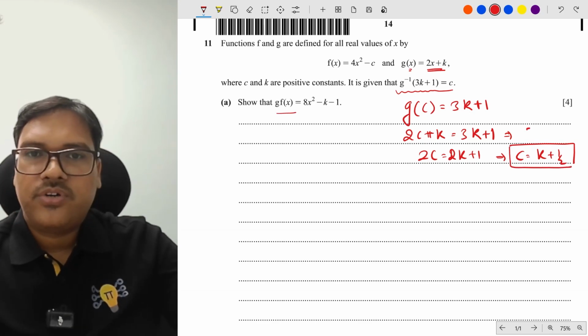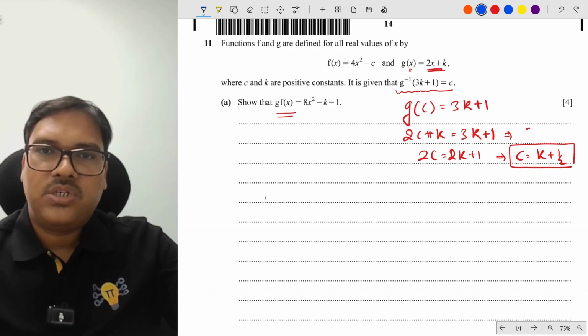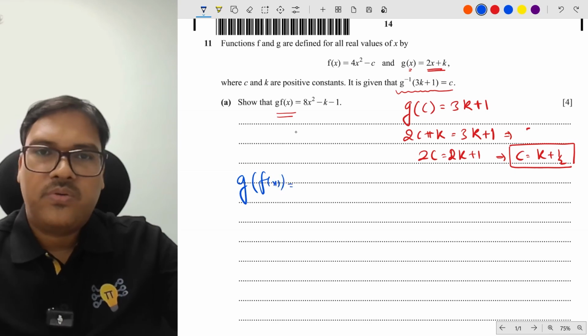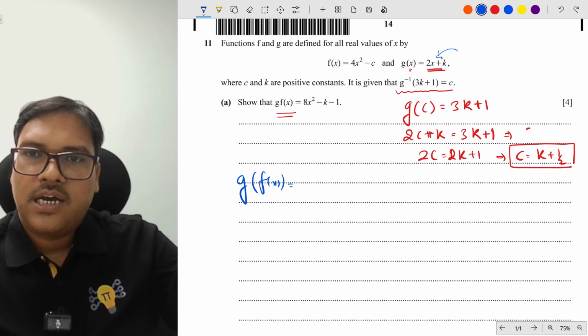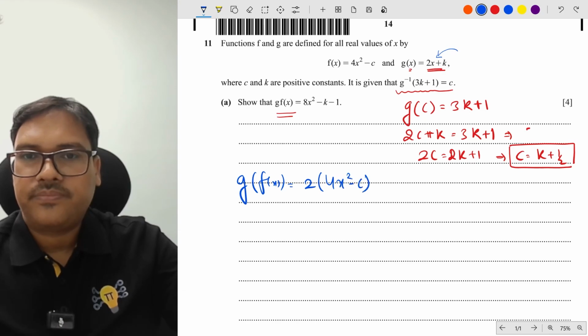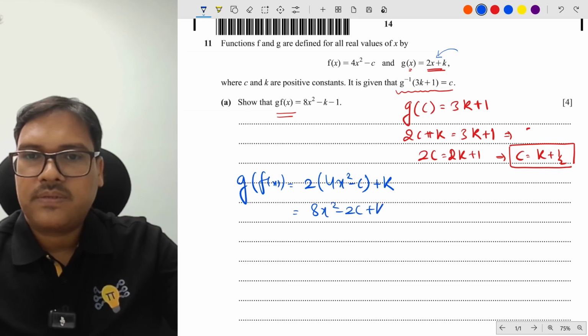Now the first part of the question is asking you to write g of f of x. So what is g of f of x? Inside g we will put f of x. So this is 2 times f of x, which is 4x square minus c, and plus k. So this is 8x square minus 2c plus k.